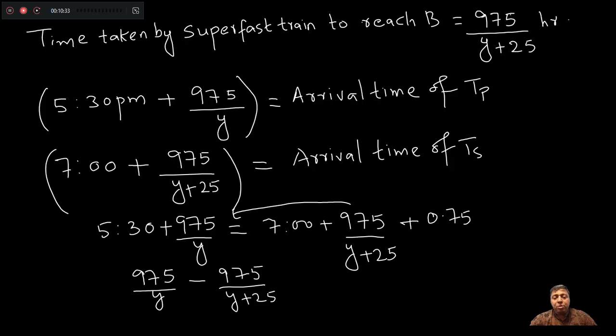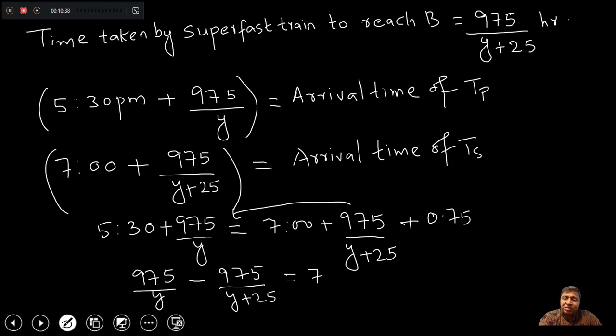I took this term to the left hand side, is equal to 7 plus 0.75 minus 530. So understand that these are timings. So we need to convert 7 p.m. and 5:30 p.m. into hours.